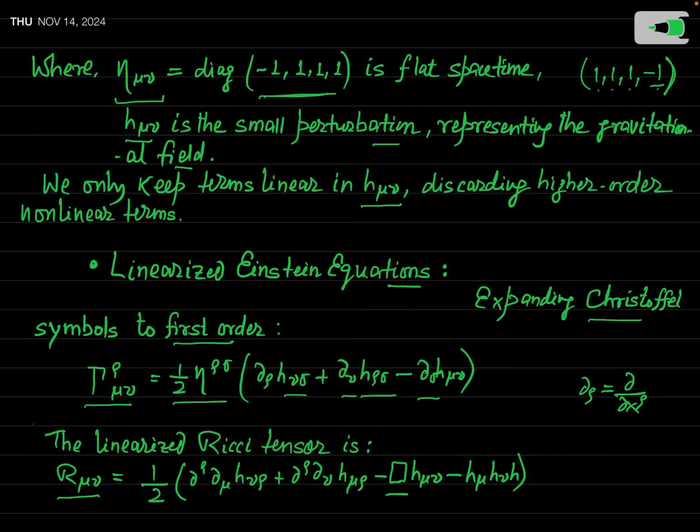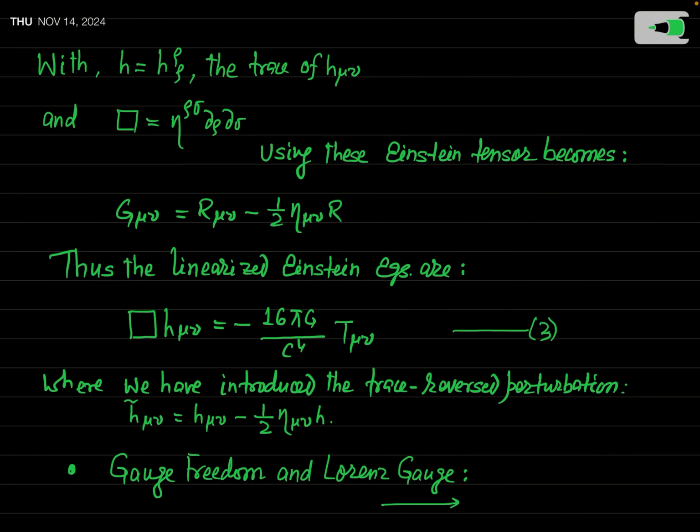What is this, and what is this h? h is h rho rho, which is the trace of h mu nu, and the box symbol represents eta rho sigma del rho del sigma. For this we have written the box symbol.